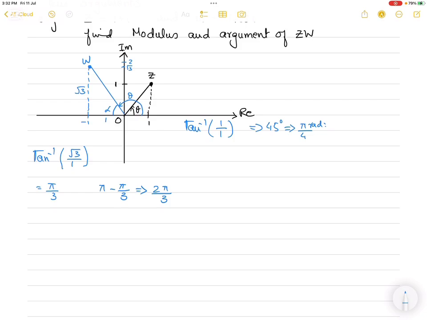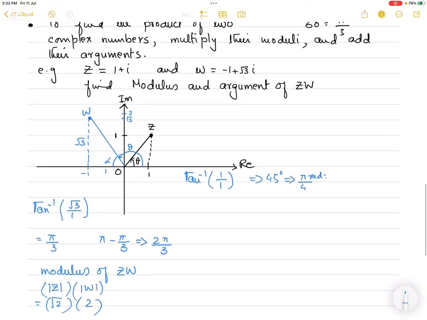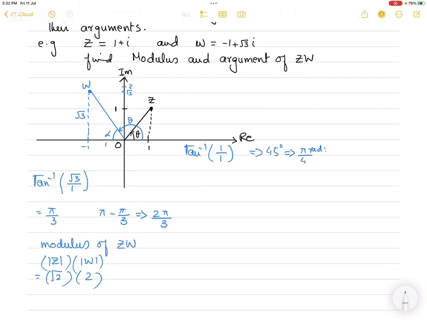So let me write here: modulus of zw would be modulus of z multiplied by modulus of w.